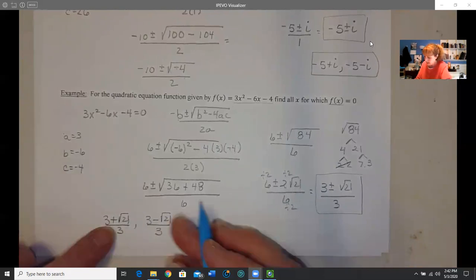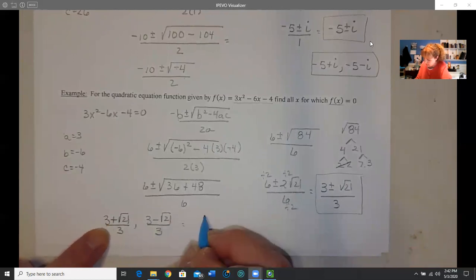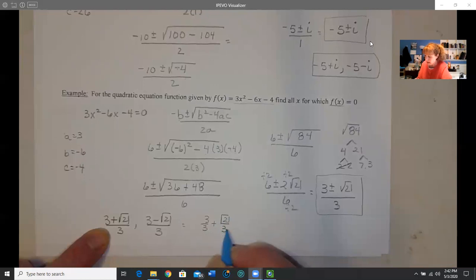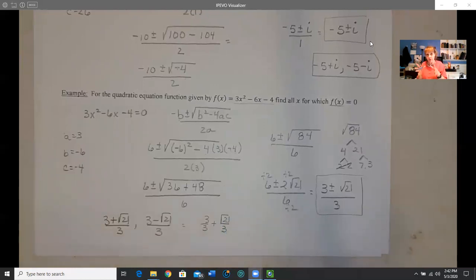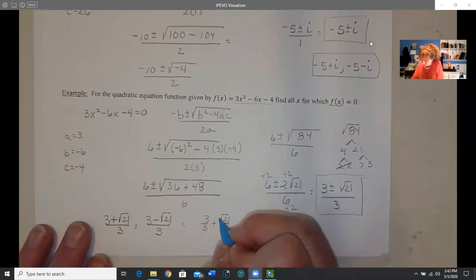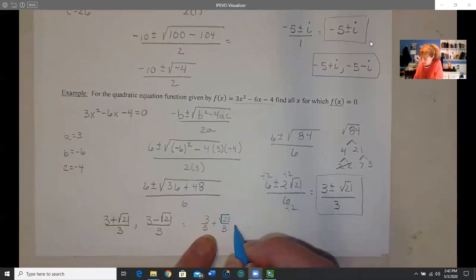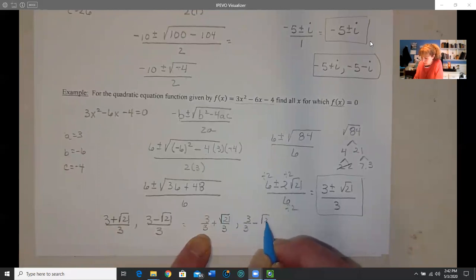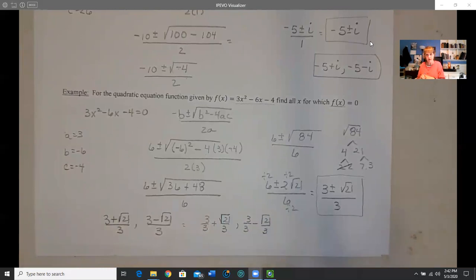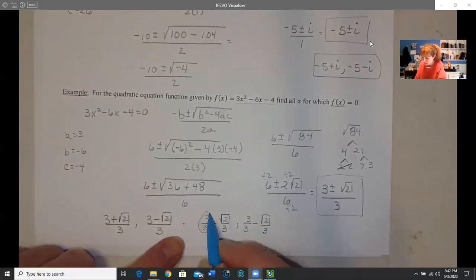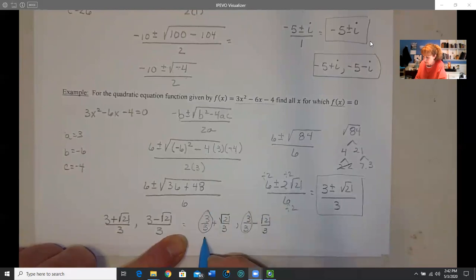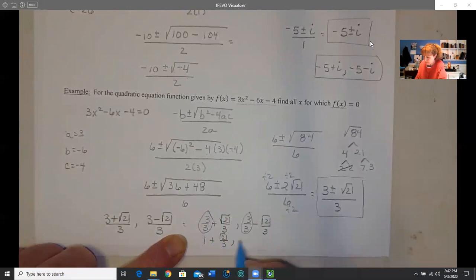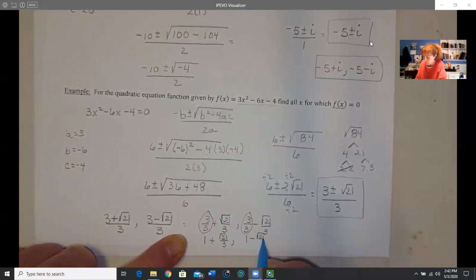Another way is to write it as 3 over 3 plus the square root of 21 over 3, separate them out like we had on that one formula, and 3 over 3 minus the square root of 21 over 3. Now, because they're separated, those can be 1 plus the square root of 21 over 3, and 1 minus the square root of 21 over 3.